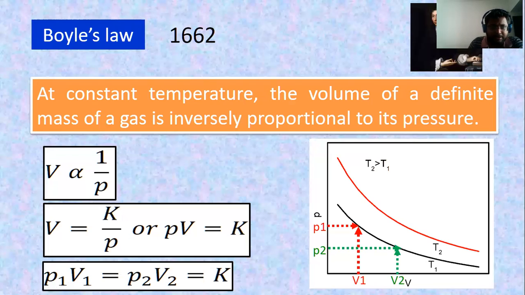Now we come to the derivation part, and let me move this so that the scientist's picture is clear. His name is Robert Boyle, and Robert Boyle, in 1600, near about 400 years ago, gave this law.